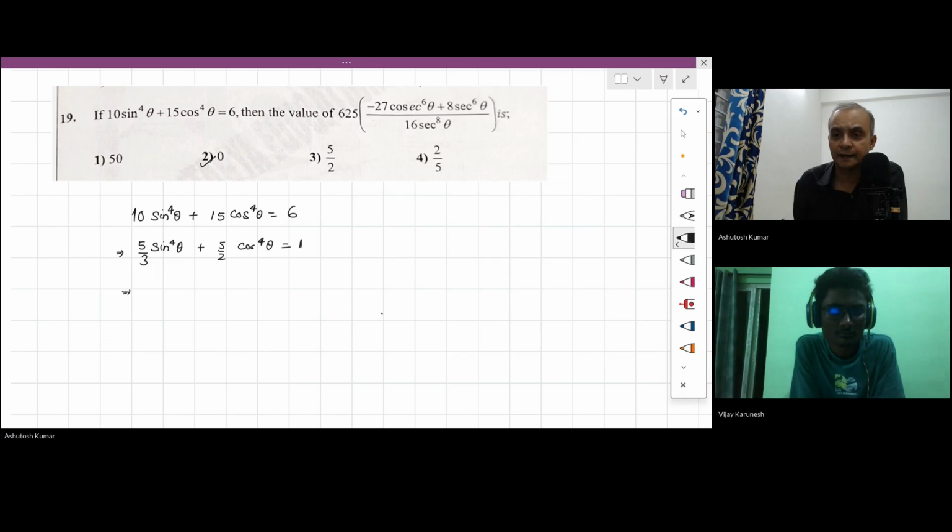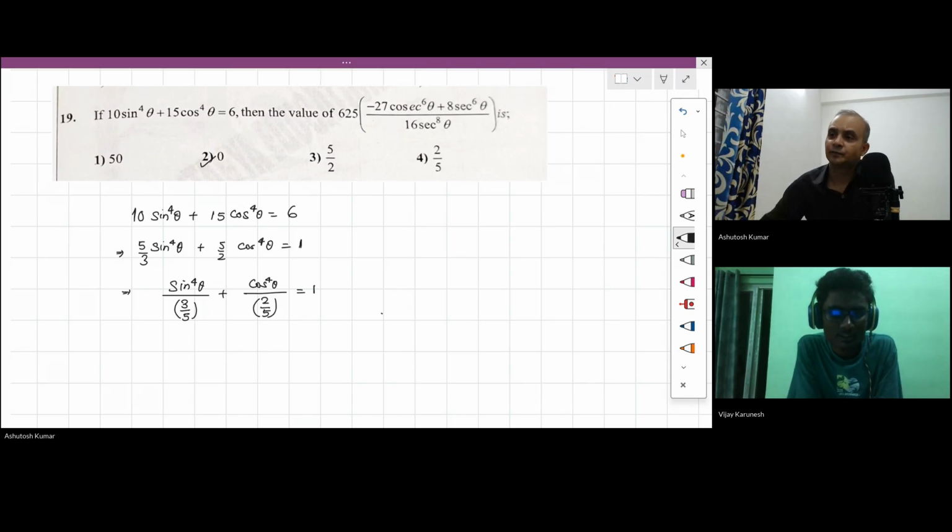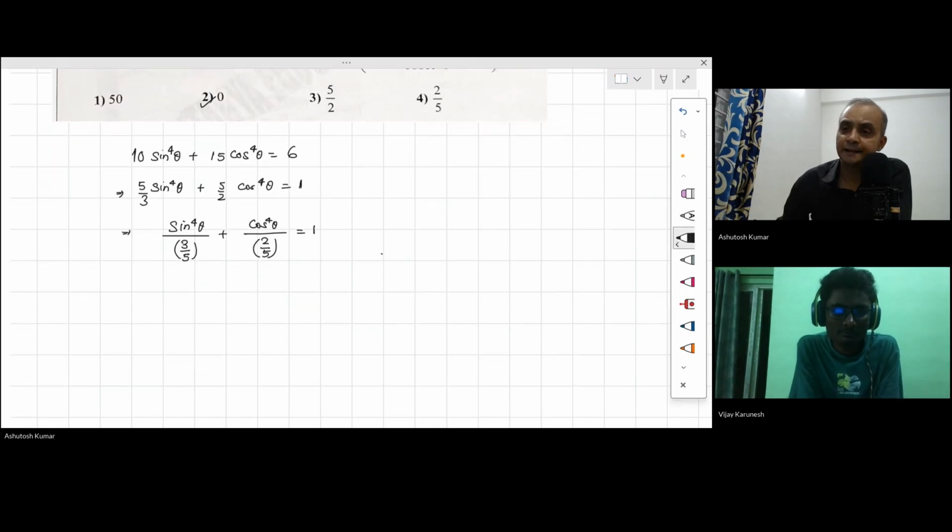Now you see, I can write this as sine to the power 4 theta divided by 3 by 5 plus cos to the power 4 theta divided by 2 by 5, and that is going to be 1, correct? Now notice, this overall sum should be 1.